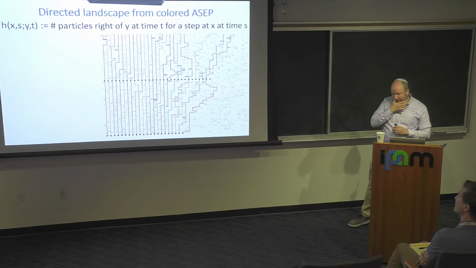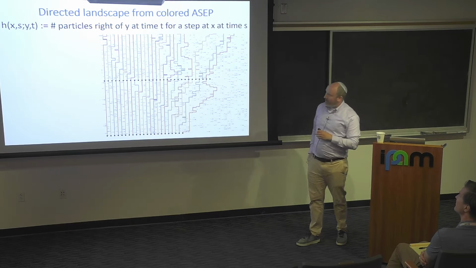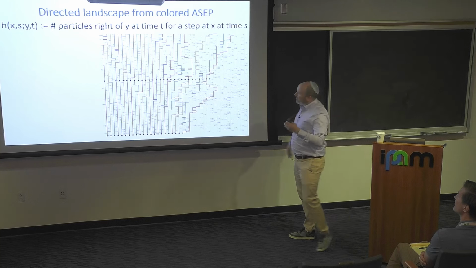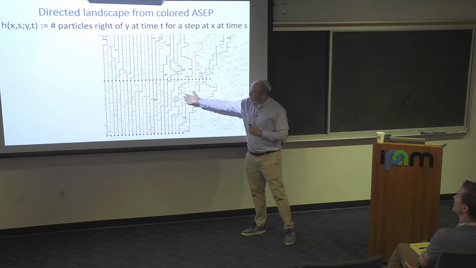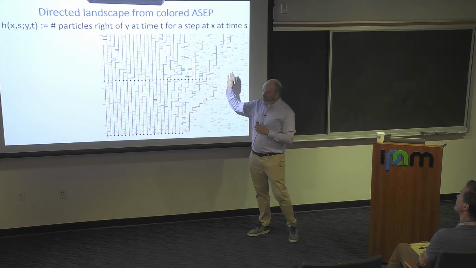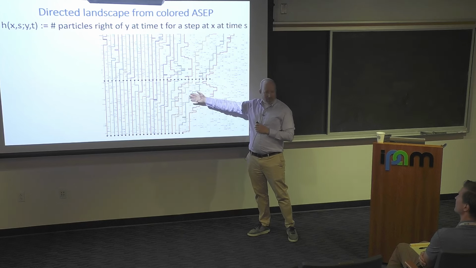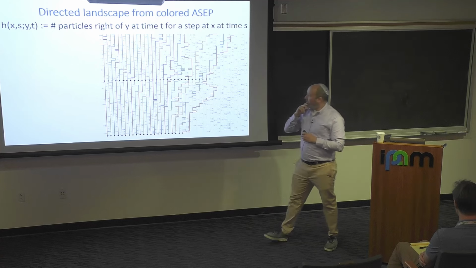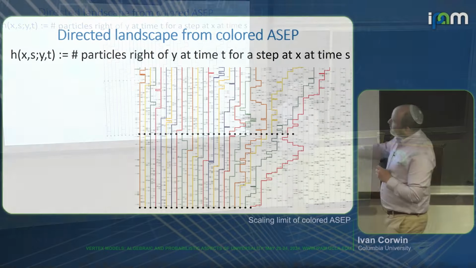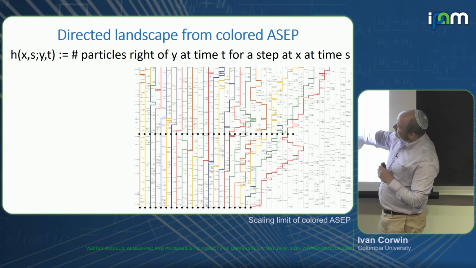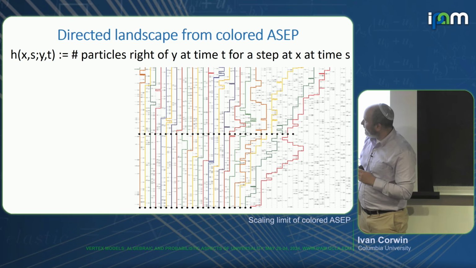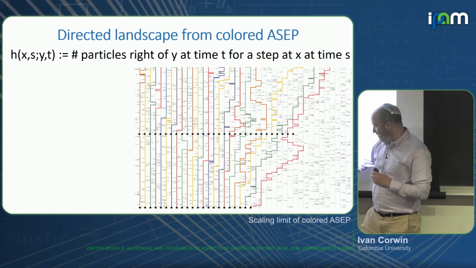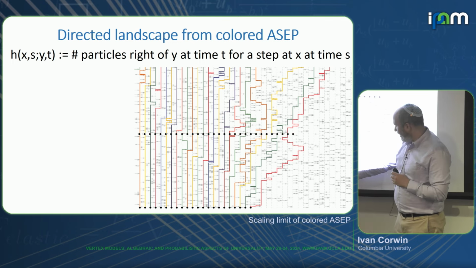And in fact, you can do more than that. You can study a full 4-parameter object, which is what I said when I said I want to look at this Poisson environment as witnessed through the ASEP evolution, this height function. So this is the object I was referring to. You imagine starting with step initial data at position x at time s. Let's say time s was here, and x is this value.